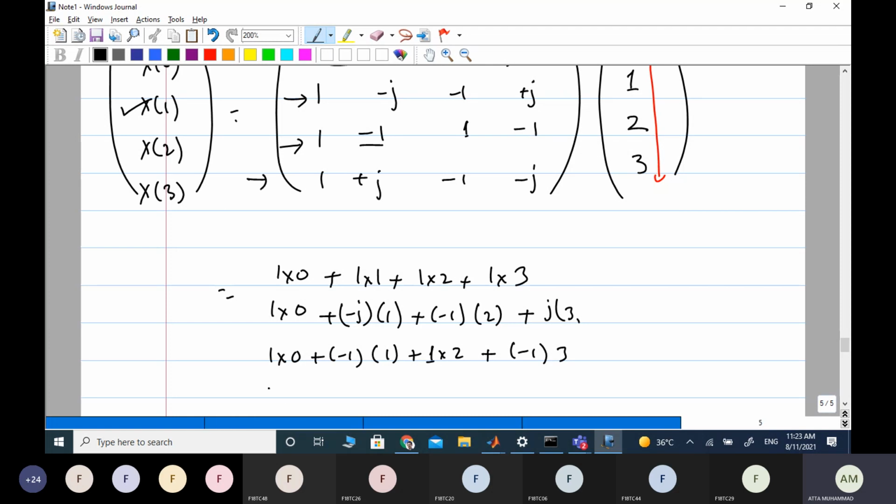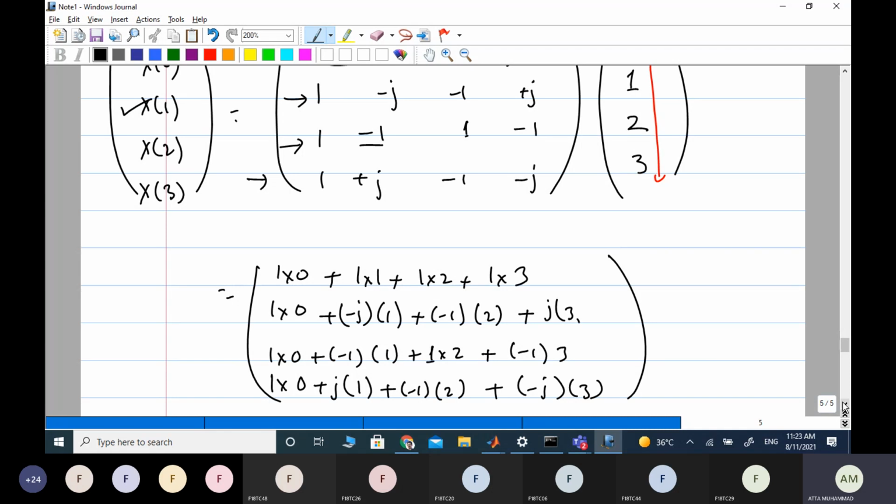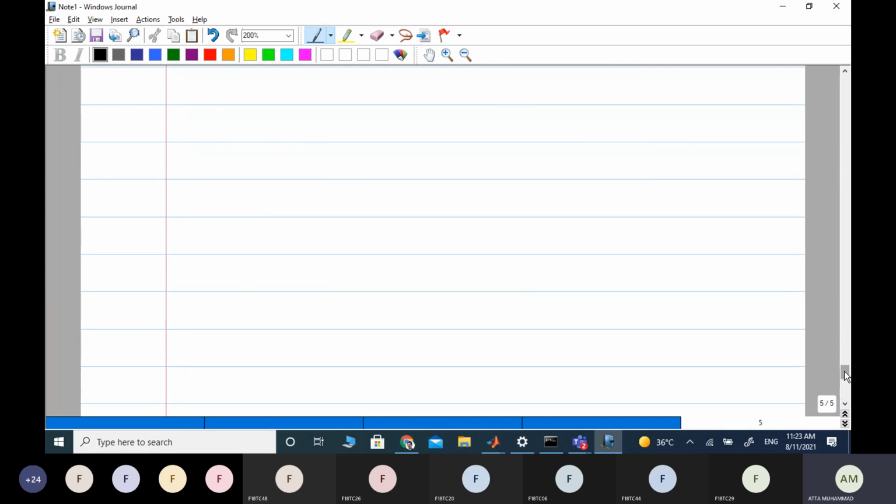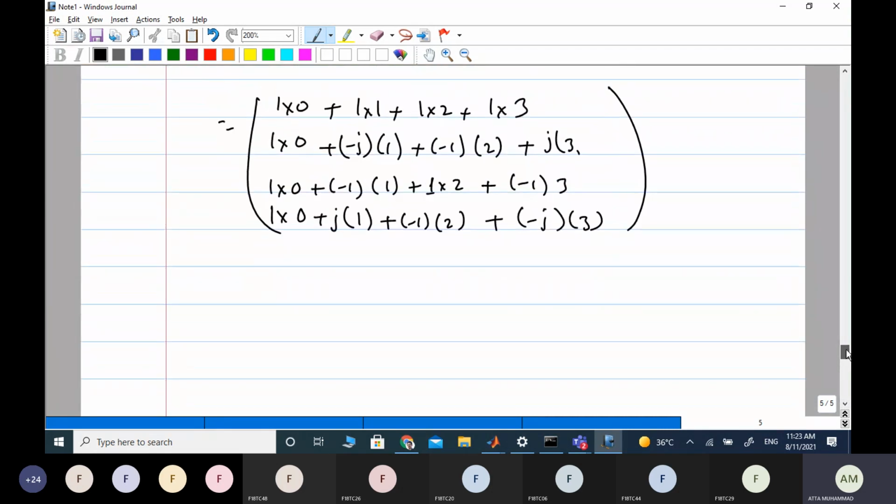Now for the last value, this row: 1 times 0 plus j times 1 plus minus 1 times 2 plus minus j times 3, right? So this is the matrix and that will give us the result. So x of 0, x of 1, x of 2, x of 3.